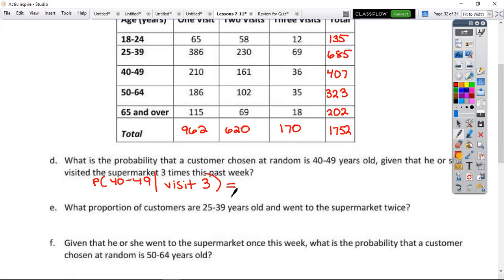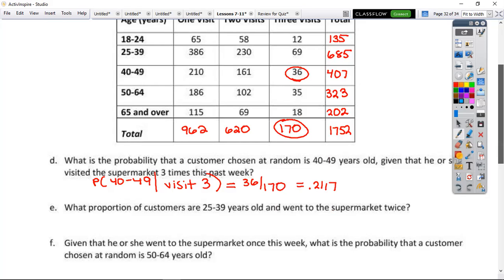In my table, I'm going to circle these in red. So this question will be the red ones. So of the visit 3 times means I am dividing out of 170, and just in this column I have 36. Okay, and you can get a decimal. That comes back as 0.2117.